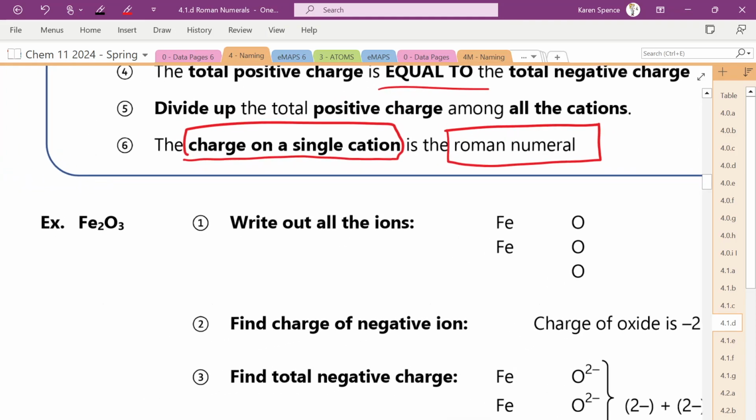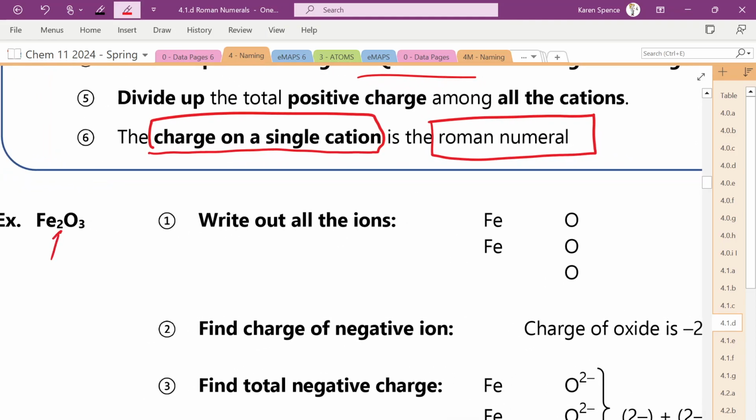We write out all the ions. We have Fe2O3. What does that 2 tell you? There's 2 irons, so we've written out Fe and Fe, okay? 2 irons. What does the O3 tell you? 3 oxygens. Now, you know what the most common error that students make is?